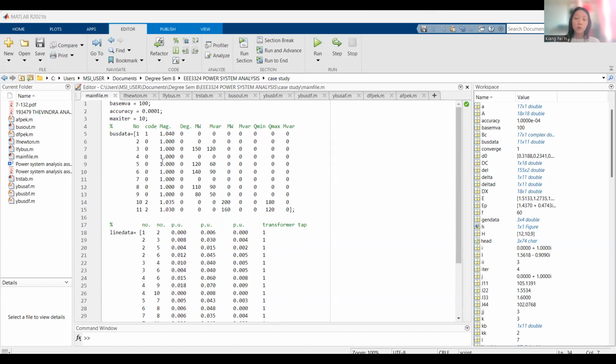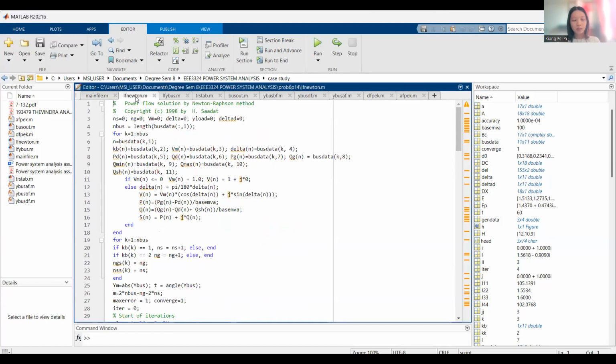To get the power flow solution, I chose the Newton-Raphson method, and this programming code calculates the power flow solution using that method.